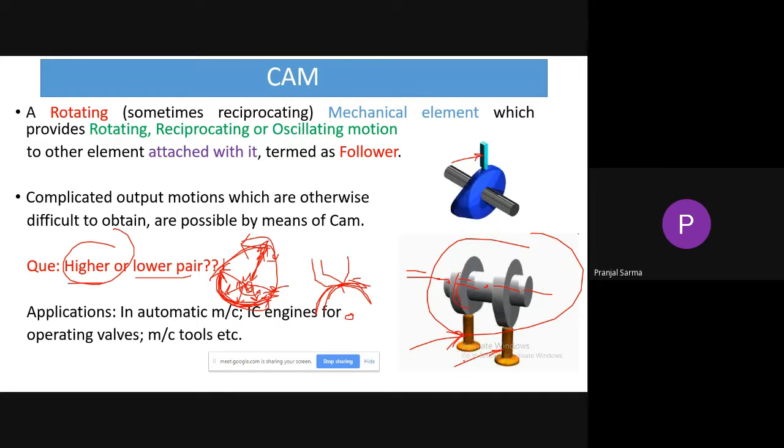Let's consider this is one valve and this is another valve. If this condition is the closed position, then this position we can consider the open position whenever it is going down. Right now it is remaining stationary, and once it comes here it will go down, open. For that time it was open, after that it stops, and this cyclic operation goes on. This is how we can use it.